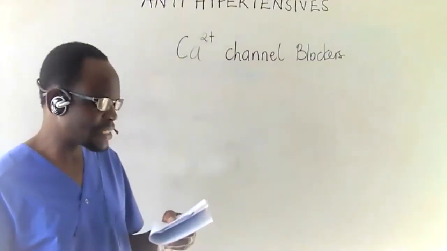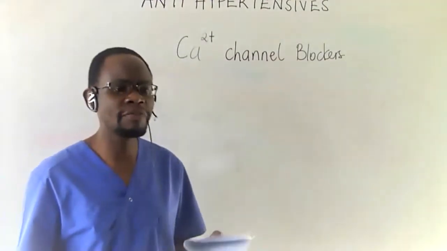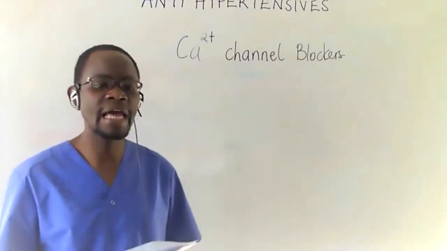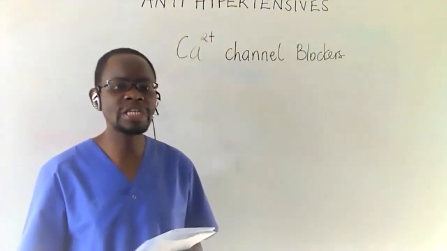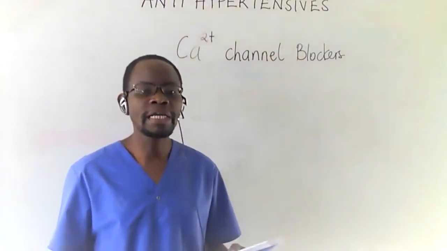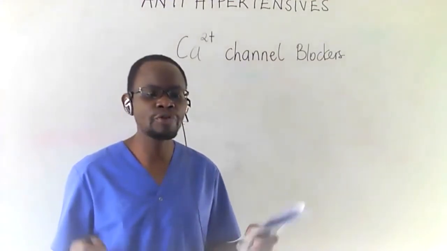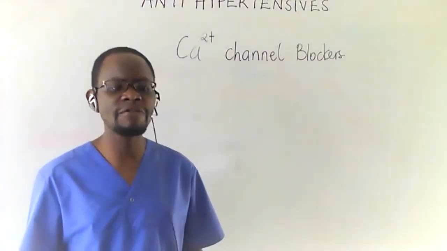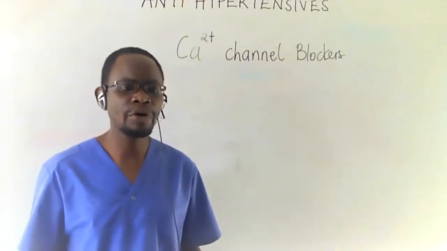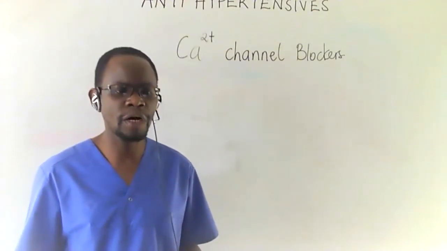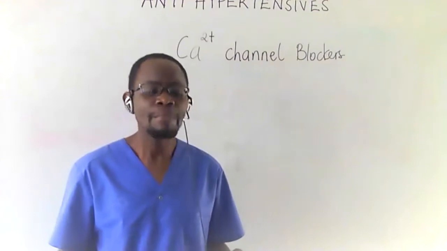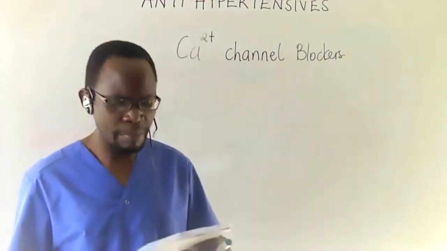So calcium is basically required for the contractility of the heart. I think you know that very well. We shall look at this more in antiarrhythmic drugs. But you know very well that calcium is very essential in the contraction of muscles of the heart, but also the blood vessels.